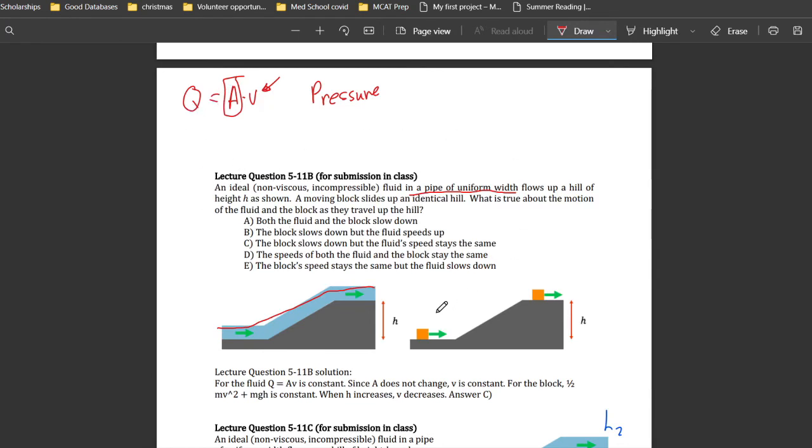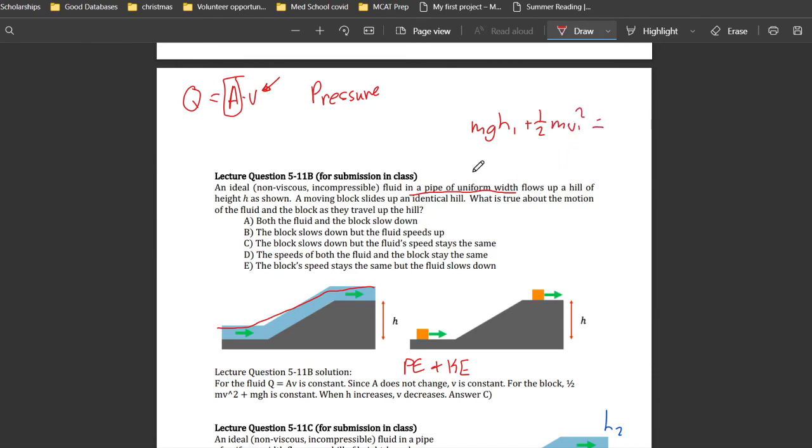Now, in contrast, let's compare it to the block. The block doesn't have this flow rate property. When we're considering the energy of the block, we consider the potential energy plus the kinetic energy. So potential energy would be mass times gravitational acceleration times height, plus the kinetic energy, which is 1/2 times mass times velocity squared.